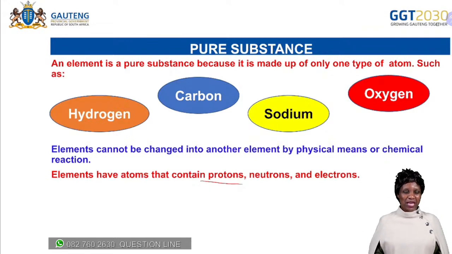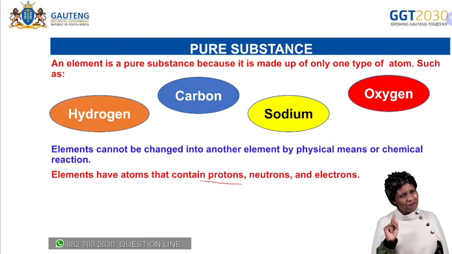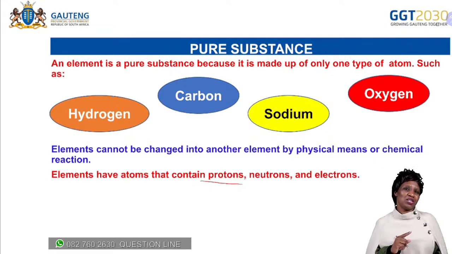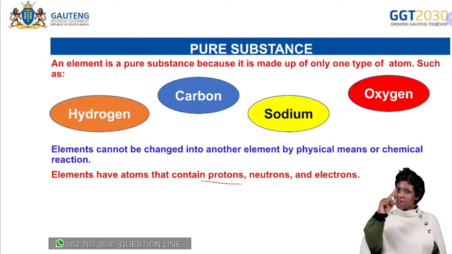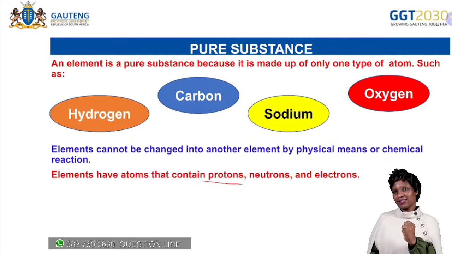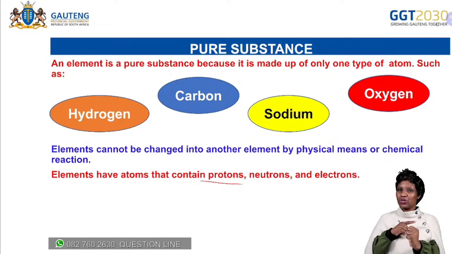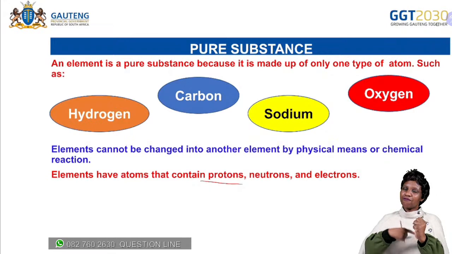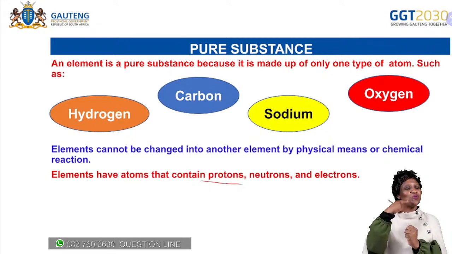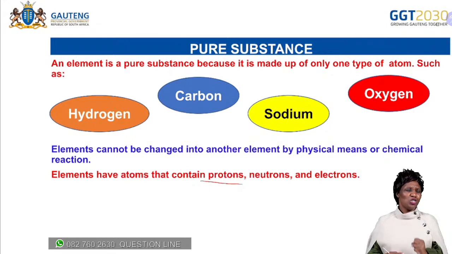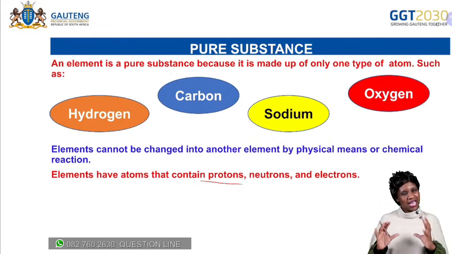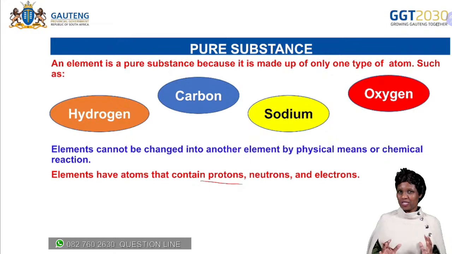These electrons will be orbiting around the nucleus. Do you understand if I say they will be orbiting around the nucleus? They will be revolving. Let's say this is the nucleus, and these are the electrons. They will be revolving around. Do you get it? Good. And then they are being held by the forces.